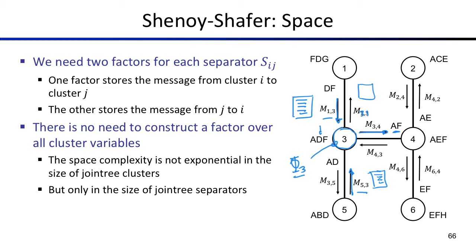So it's a little bit expensive, because if you have nodes that have a bunch of neighbors, every time that I need to send one message to one of those neighbors, I need to multiply everything together with my factors, all the messages, and send the message to the neighbor. So Shenoy-Shafer is simple in terms of implementation. It is good in terms of space, but it tends to be a little bit time consuming for computing all those messages over and over again.